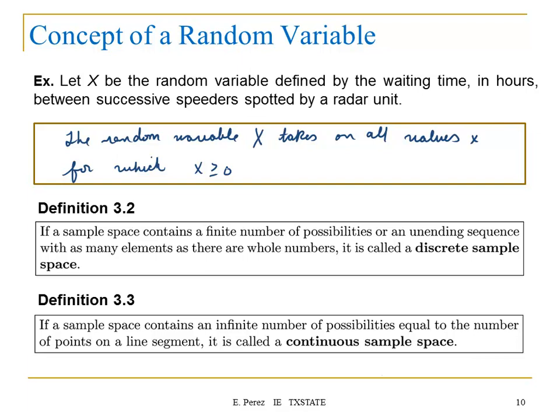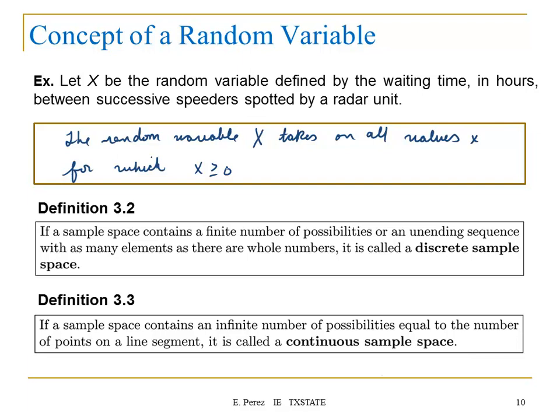Okay? So we're going to go back to what I just explained to you at the beginning of the class. So now we're going to define sample space for continuous, sample space for discrete. And you see why that is important, at least for defining a random variable. Now, in terms of the sample space, if a sample space contains a finite number of possibilities or an unending sequence with as many elements as there are whole numbers, that is called a discrete sample space.